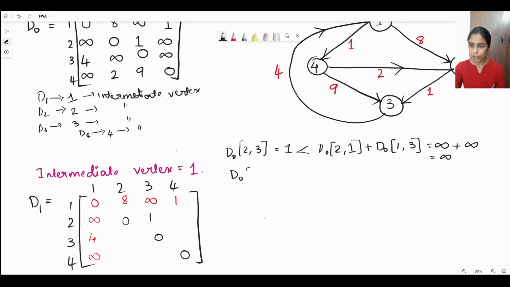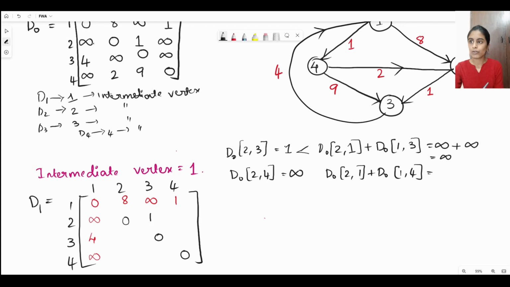Similarly, D0 of 2, 4 is second row, fourth column, which is infinity. And to check through the intermediate vertex, D0 of 2, 1 plus D0 of 1, 4.